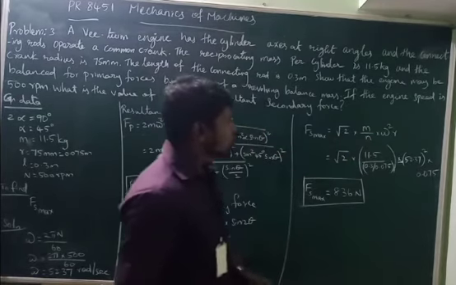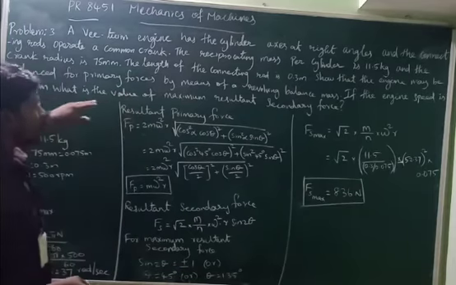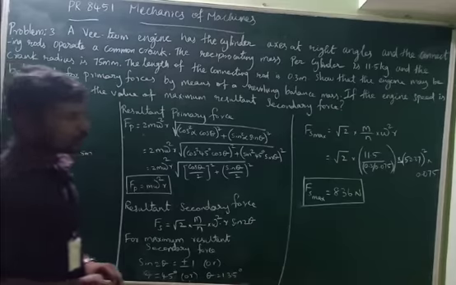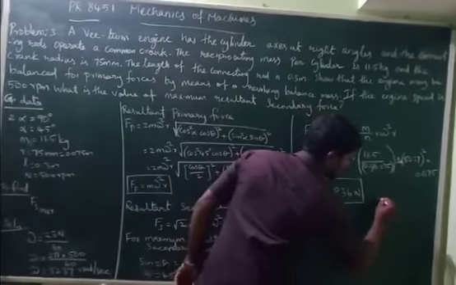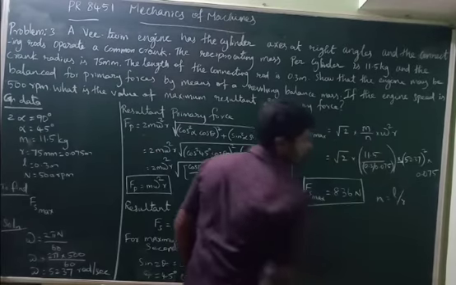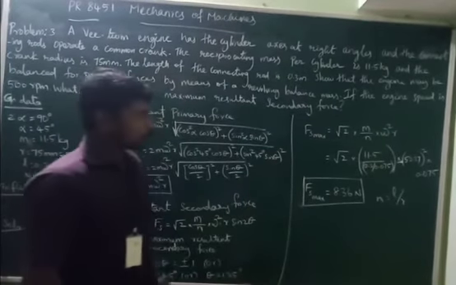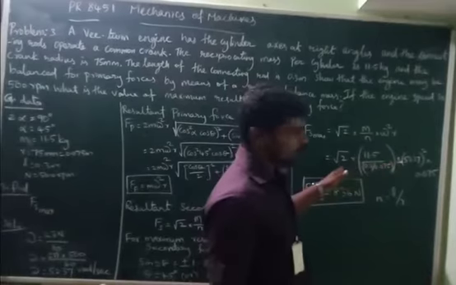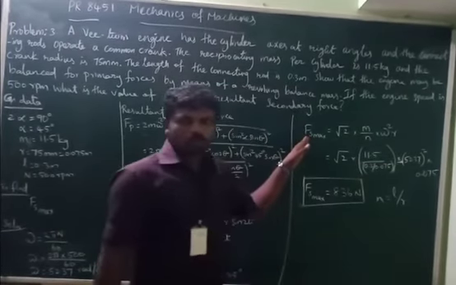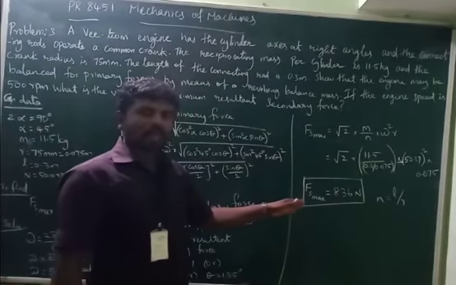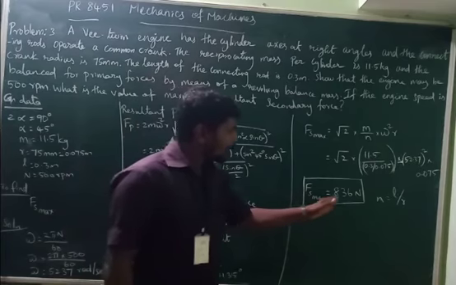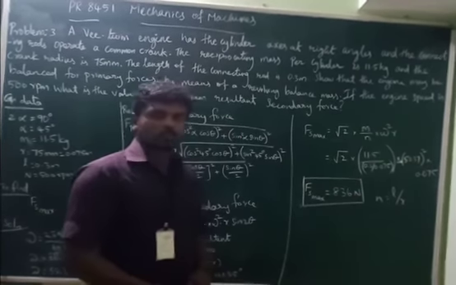It's the ratio of the length of the connecting rod to the crank radius, that is n equal to length of the connecting rod divided by the crank radius. Right? This is the formula for n. So we can substitute all the values in this resultant secondary force equation and find the value of the maximum resultant secondary force. The value will be 836 Newton, right?